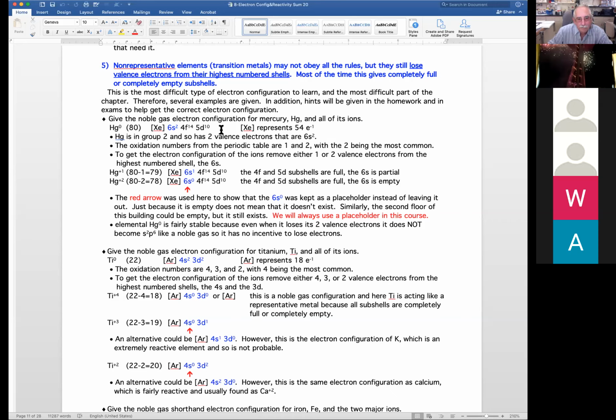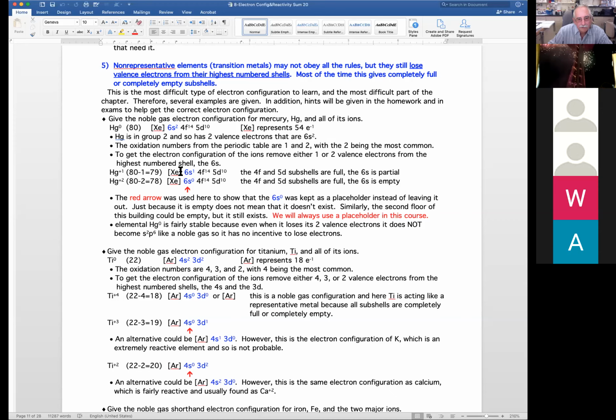Here's mercury. If you look at mercury, the oxidation numbers are a 1 and a 2. 2 is bold, so it's the most common. And so it's going to lose either 1 or 2 valence electrons. Here's where the valence electrons are, in the highest numbered shell. So if it forms a +1, I have to take 1 out of that valence electron shell.